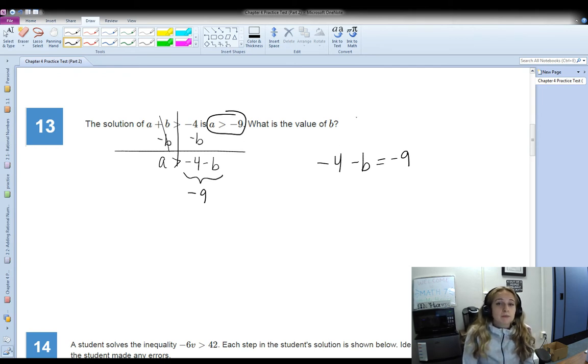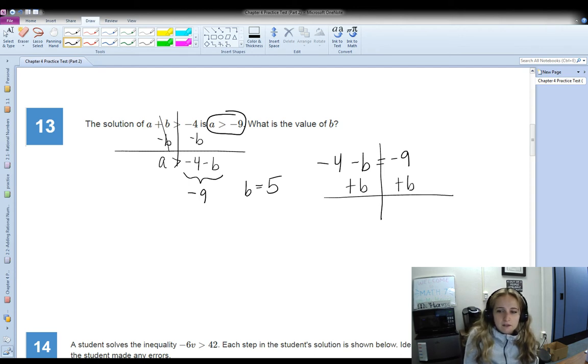We could solve for B, or we could just realize that -4 minus 5, if B equals 5, would equal -9. Or you could use your algebra, because we know algebra. I'm going to add this B over here, just to make it a positive B. So I'm going to be left with -4 equals -9 plus B. Then I'm going to add 9.